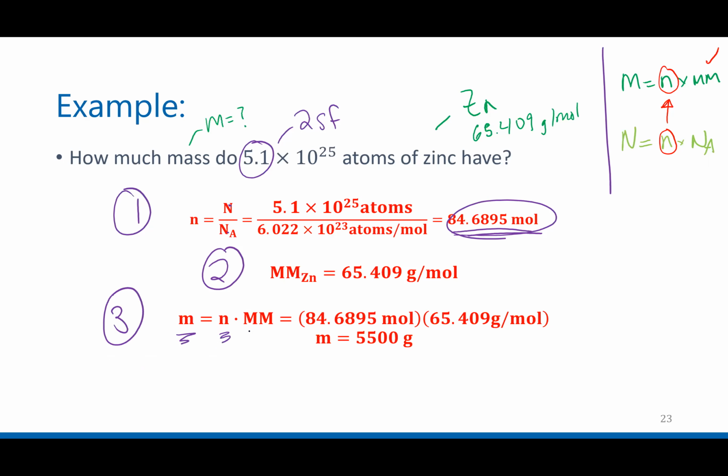Mass is moles times molar mass. So I have moles, I have molar mass, just multiply them together and you'll get your answer. So all I'm doing is using two formulas here. I'm using the first formula to calculate moles. Then I'm using the second formula to answer the question, to calculate the mass.